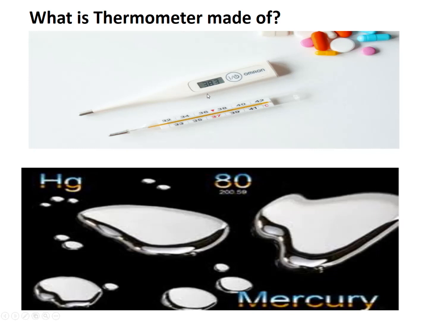What is a thermometer made up of? A thermometer is made up of transparent glass, and at the end of the thermometer there is a bulb, and the bulb contains a liquid called mercury or alcohol.